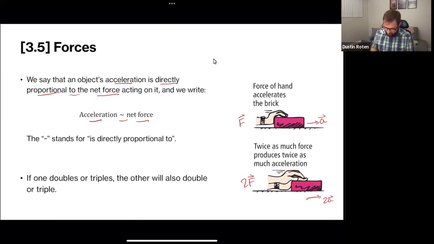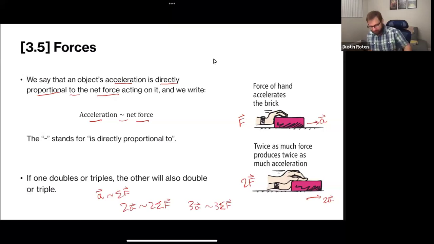So in shorthand, we have acceleration is proportional to net force. But if we double one, so 2a is directly proportional to double the net force. If we wanted to triple the acceleration, that means we'd have to triple the net force. So you get the idea.